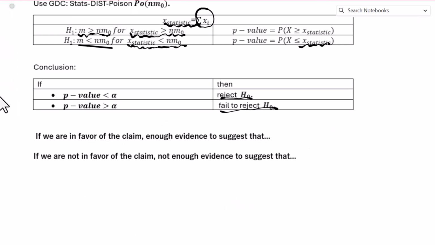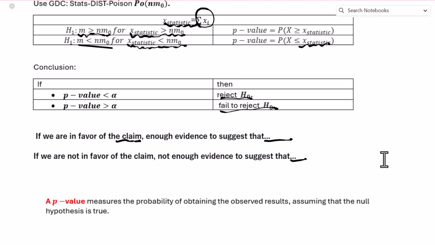Then if we are in favor of the claim, we will write down "enough evidence to suggest that the claim is true." If we are not in favor of the claim, we will write down "not enough evidence to suggest that the claim is true."